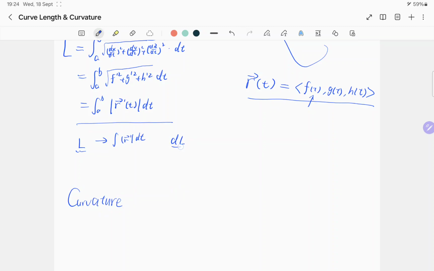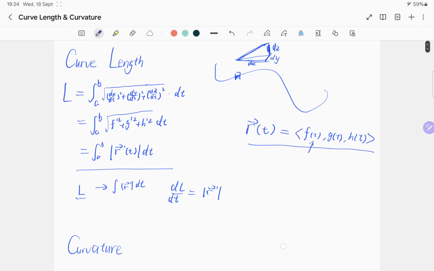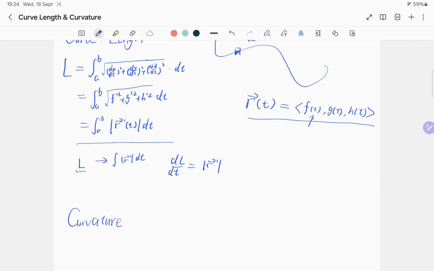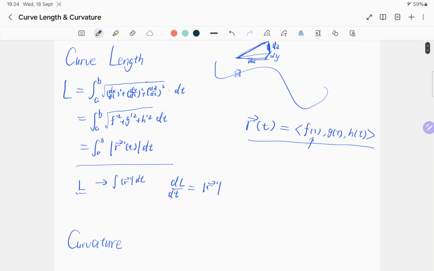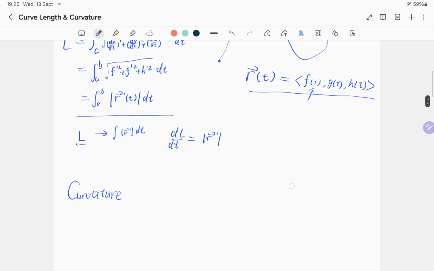Therefore, dL over dt is actually the magnitude of r prime. How can we use that? We'll see that later. So right now we know that r prime is a tangent vector, which we can see on the diagram. This is r, and this is r prime. So adding all of the r prime's magnitudes, we get the length, and that makes sense.